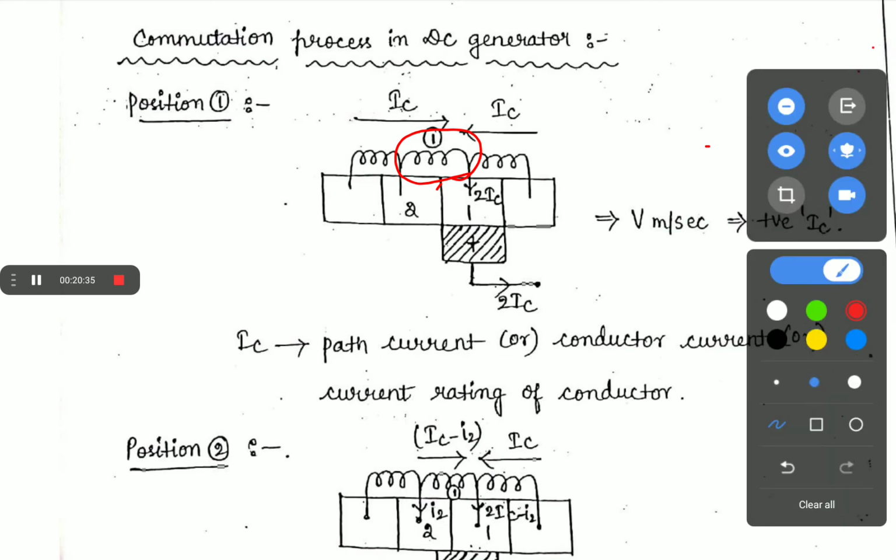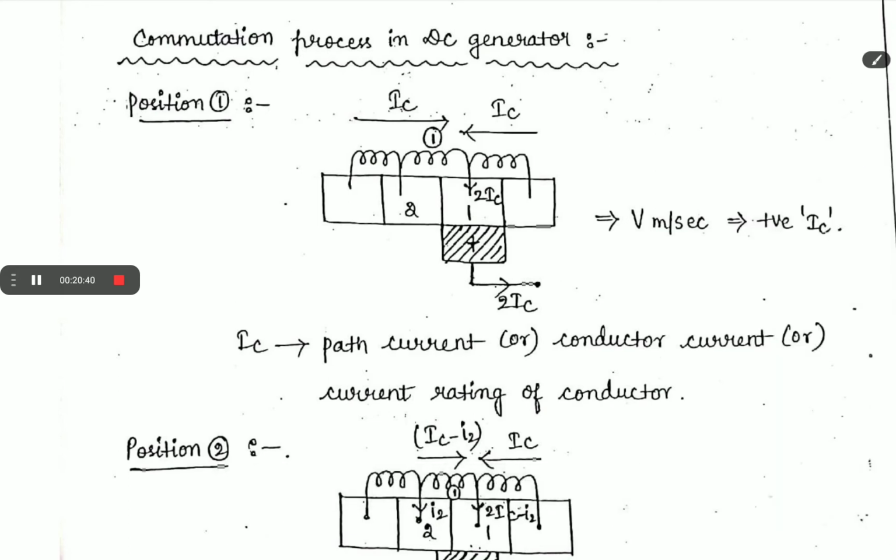Then, first we assume the brush position is here, at conductor 1, that is, the commutator segment 1. The whole of the brush is positioned at commutator segment 1, and we assume that the width of the commutator segment is the same as the brush width.